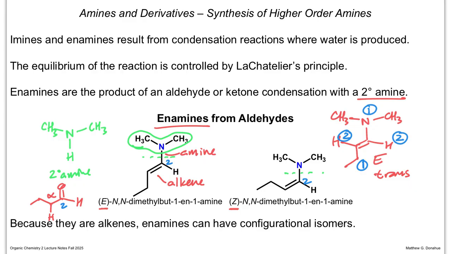Any questions? Let me just point out, see the aldehyde over here? The aldehyde only has one alpha carbon. So the elimination to form the alkene can only go one way, but it can result in cis versus trans.